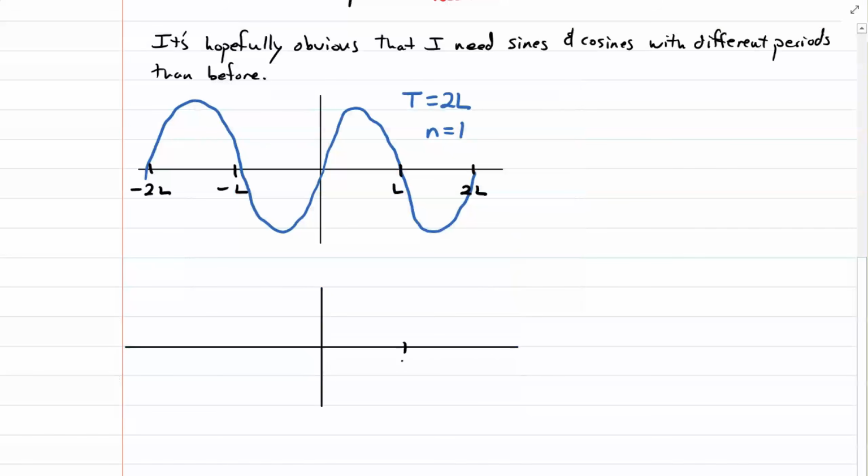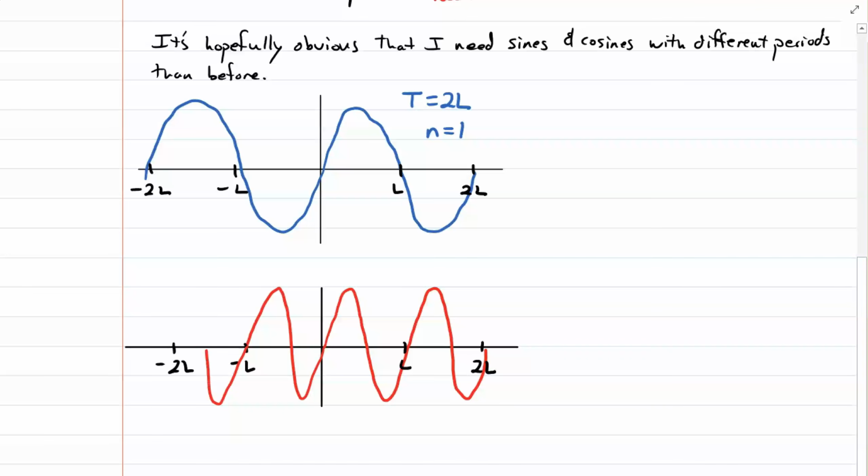Put here L and 2L. So n equals 2 would be something which has a period of L. So n equals 2 would be something like this, maybe. Let's see if I can do it. So that would be an example of a sine wave which has a period of L.